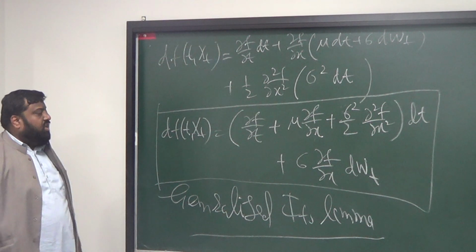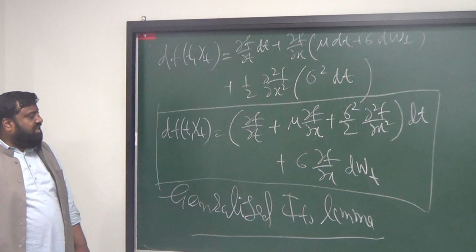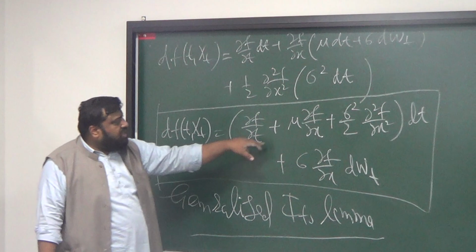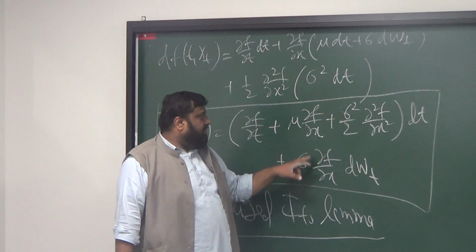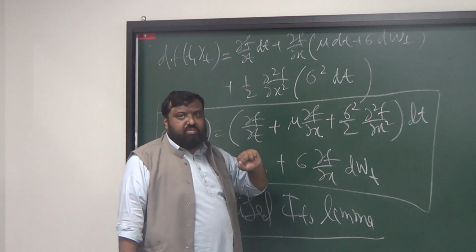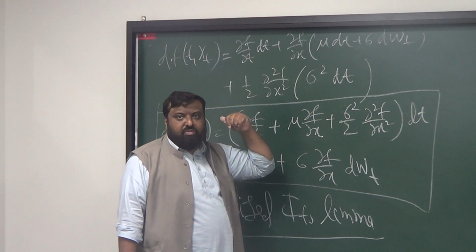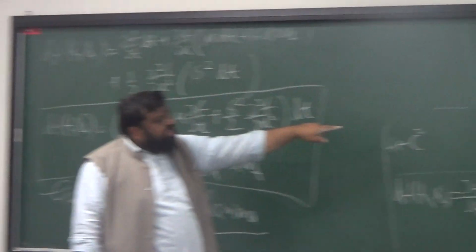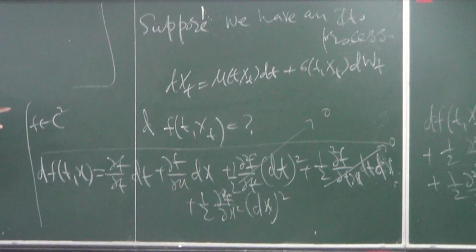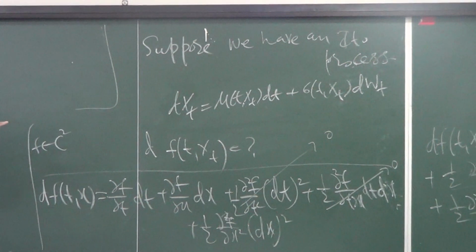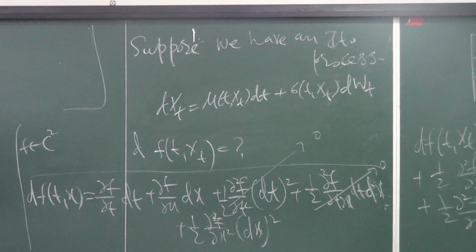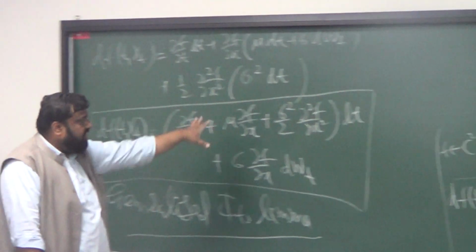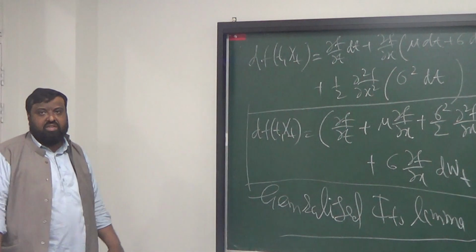You have to keep in view that when you compute this, you not only have to compute these partial derivatives, but also take care of mu and sigma. In the stochastic differential equation of xt, mu is the drift and sigma is the diffusion. They will be given to you as some functions, so you just need to substitute and find the dynamics.